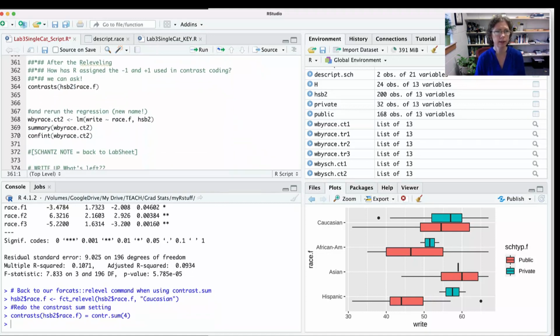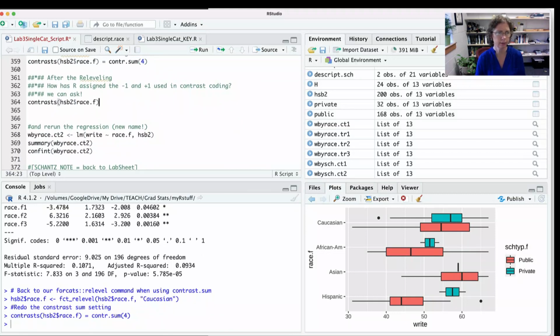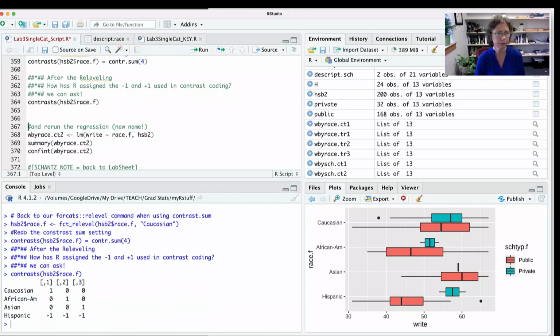And now I can look and double check contrasts to see where R put them. Caucasian's at the first, and then it put African American next and Asian next as far as for rows 2 and 3. And then my new base is Hispanic that will not be in the equation. So there's where it's at.